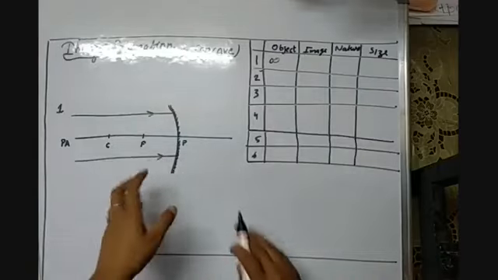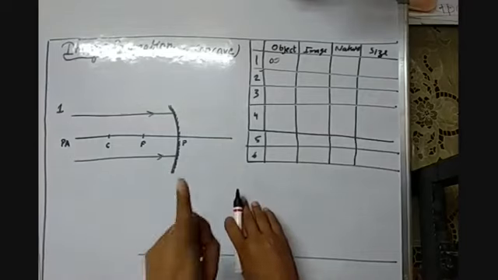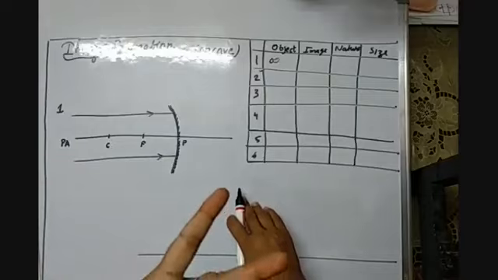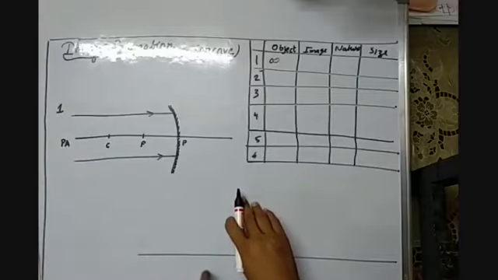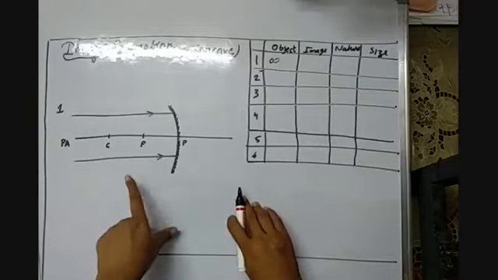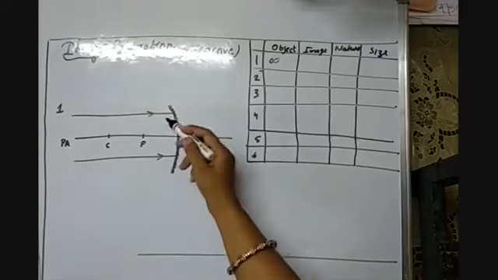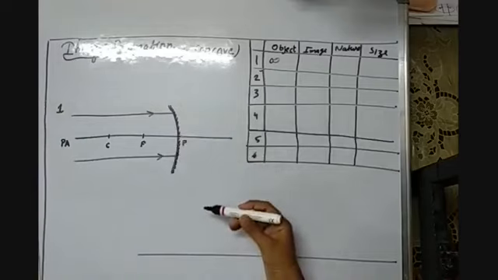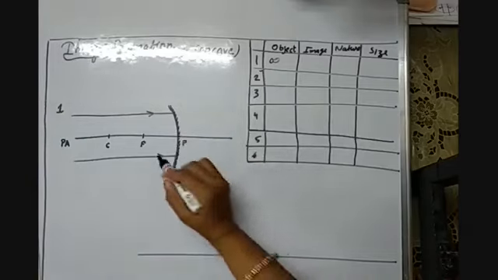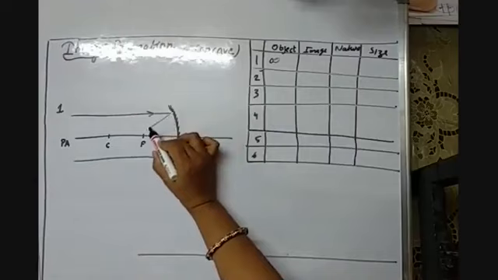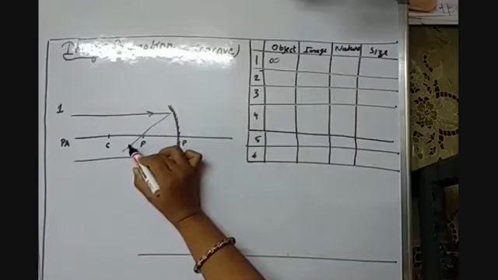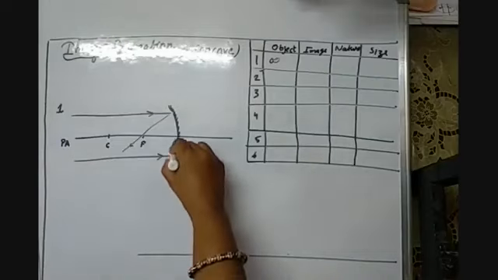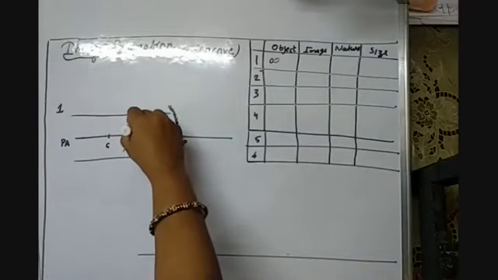So for the radiations which are coming parallel, according to the first rule, because we have to choose any 2 rules from the 4 rules that we have studied. So here I am applying the first rule, that when incident light is coming parallel to the principal axis, then after reflection it will pass through the focus point. So this radiation will also pass through the focus point after reflection, and this radiation is also going to pass through the focus point.